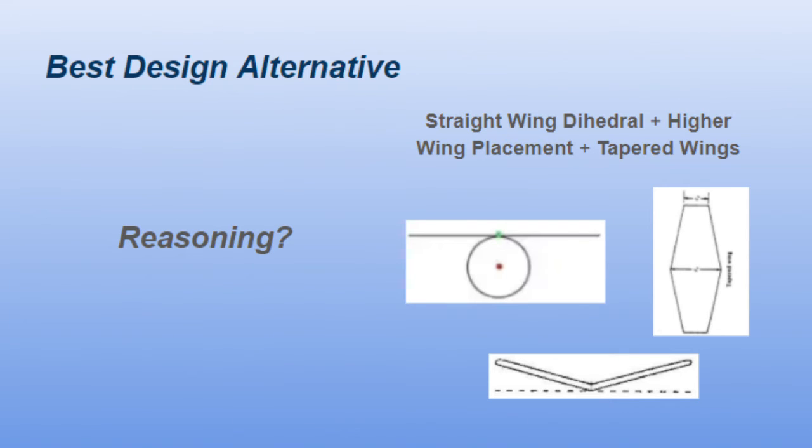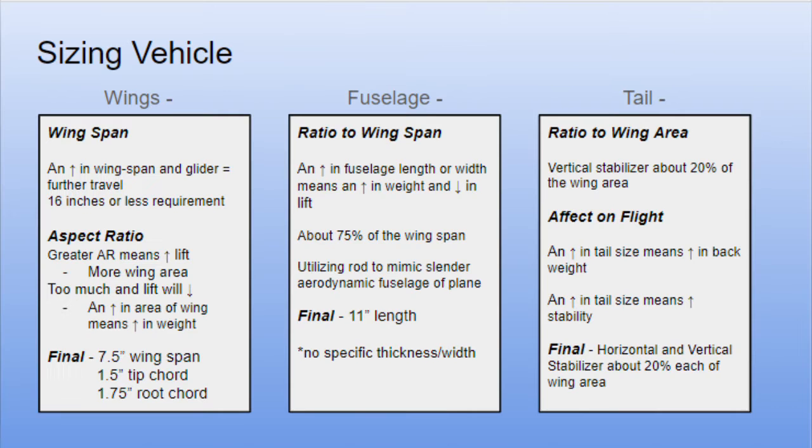For my best design alternative, I chose the placement of the wing above the fuselage, the simple dihedral, and the tapered wing. This is because in combination, these help me with the lift as well as reducing the induced drag and creating an overall balanced center of gravity for my glider.